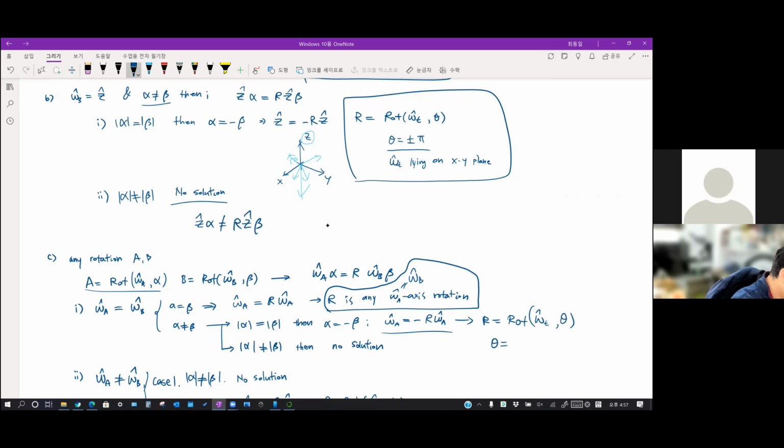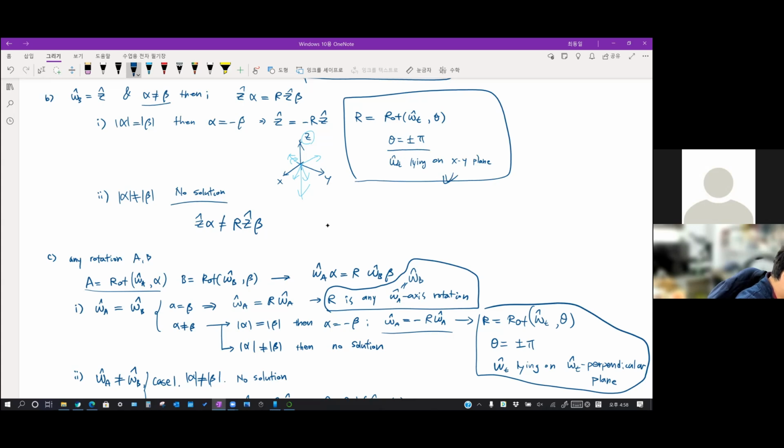In here, theta is plus or minus pi, and omega t is lying on some omega t perpendicular plane. This solution is almost the same as this one.